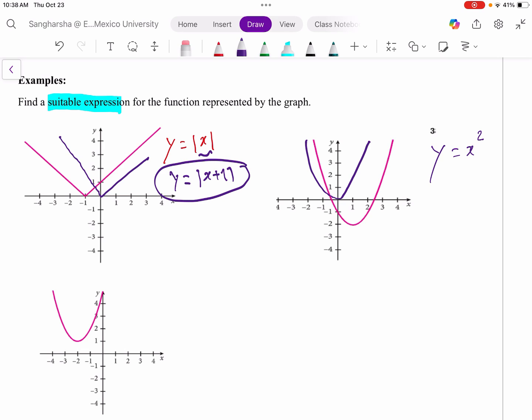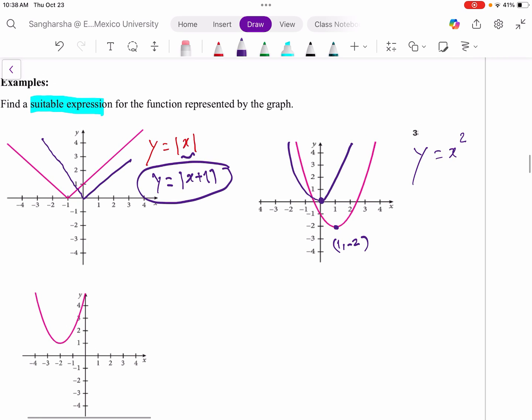Now, how is this graph moving to here? The coordinate of this point is (1, -2). From the origin, we have to go here. This is on the right side, right? It's on the right side and it's going down. So there are two transformations.